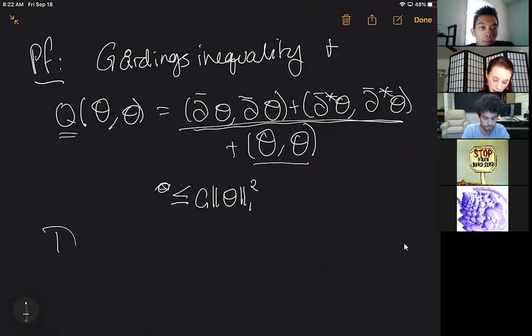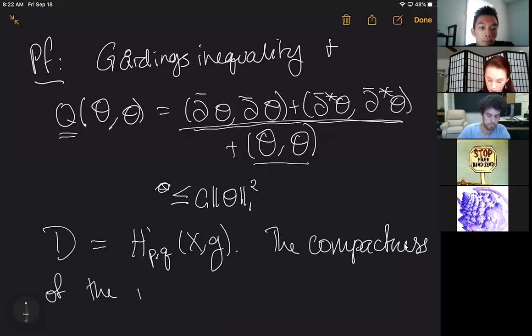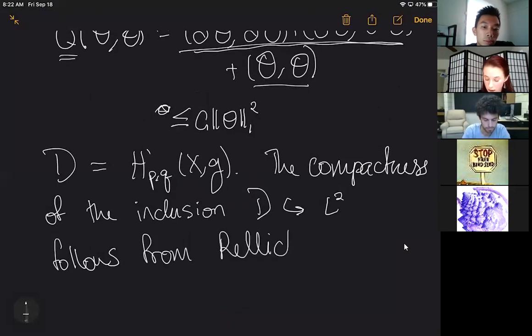So actually, our domain for our F is equal to the Sobolev 1 PQ space. And then the compactness of the inclusion of D into L2 follows from Rellich compactness.